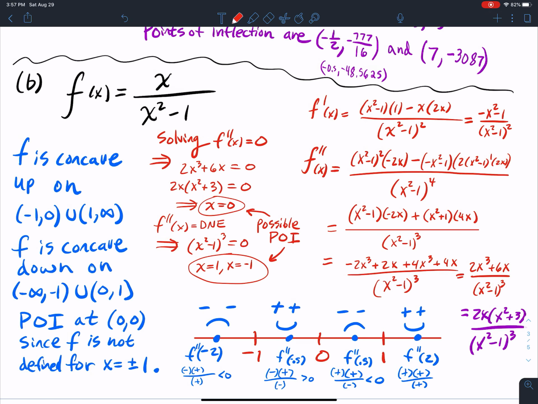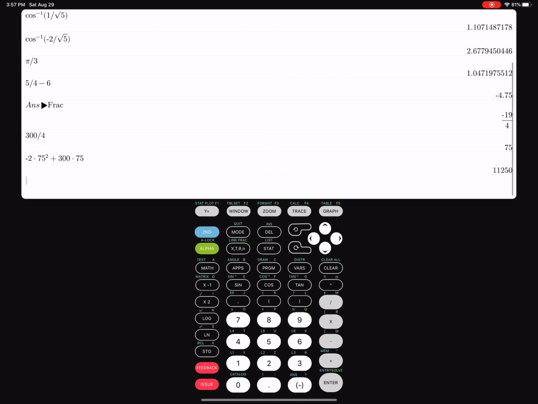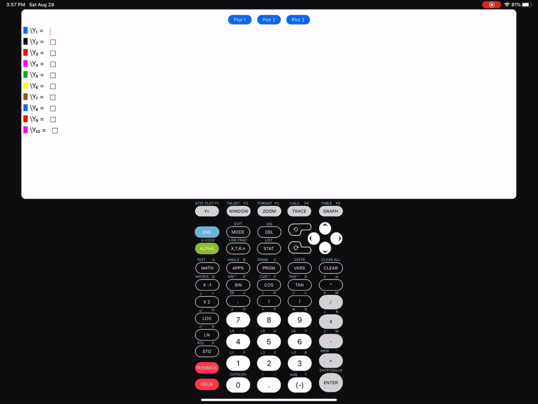Since f is not defined for negative 1 or positive 1, then negative 1 and positive 1 here do not create points of inflection for us. Okay? And if you looked at this graph, x over x squared minus 1, let's see if I can graph this. x divided by x squared minus 1, close parentheses.